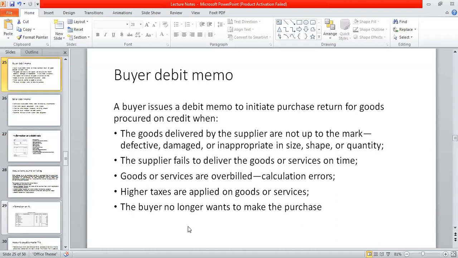They can also be issued when the goods or services are overbilled. Maybe there are some calculation errors within the invoice. The buyer can send the debit note to the supplier to correct that error.